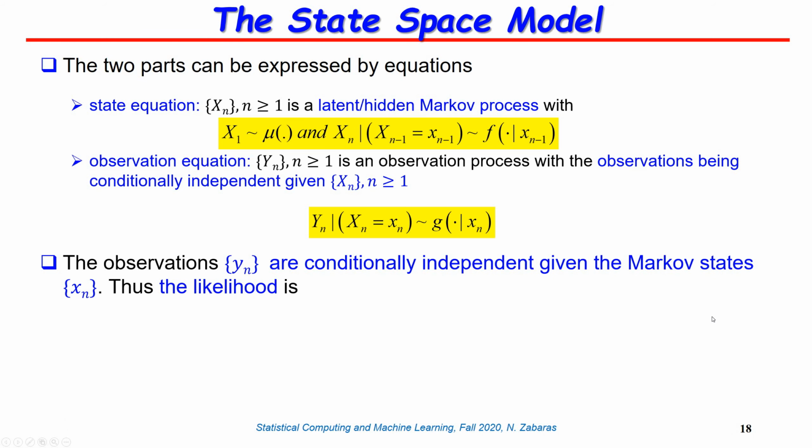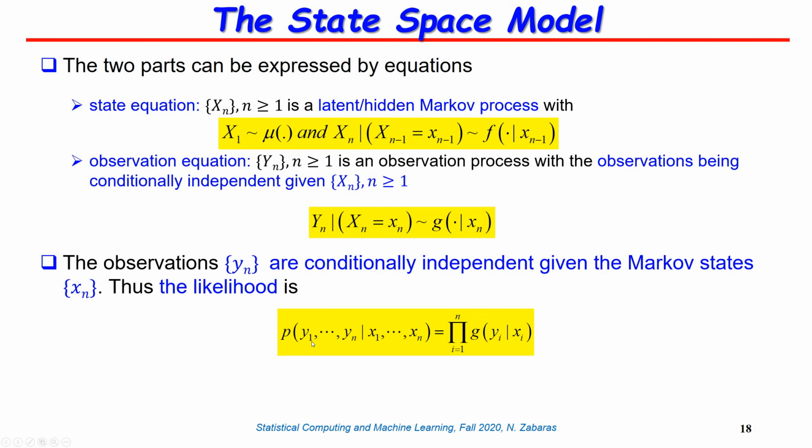Now, as I indicated before with the discussion about the probabilistic dependencies implied by the graphical model, let me just say the following. I am going to take that the observations yn are independent of each other given the Markov states xn.